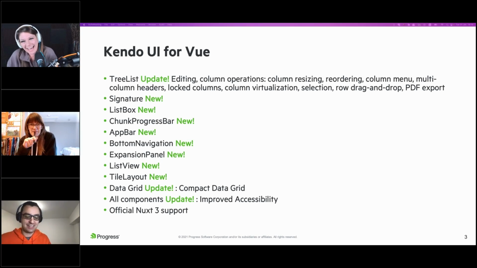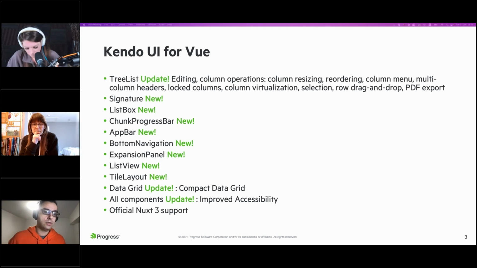Jeez. Come on. Okay, so here are just a few of the steps. We have many of these on our tree list. It was not complete in our previous release, so we needed to add some more features like editing, column options, drag and drop selections, and PDF export. So we did it.